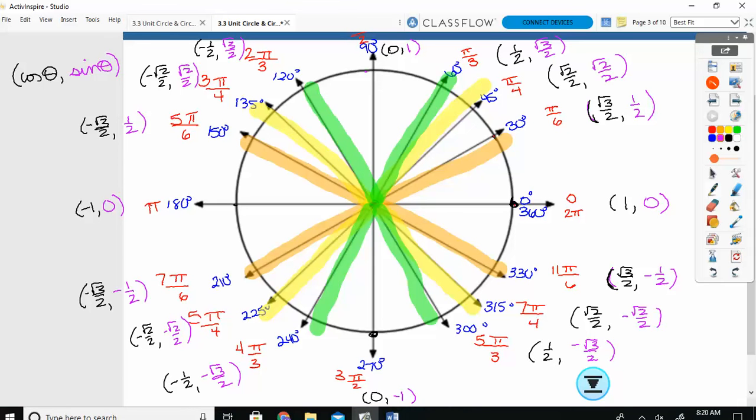So I could do negative 1/2 divided by negative radical 3 over 2. And to divide fractions, you flip and multiply. So I get 1 over radical 3 or radical 3 over 3.